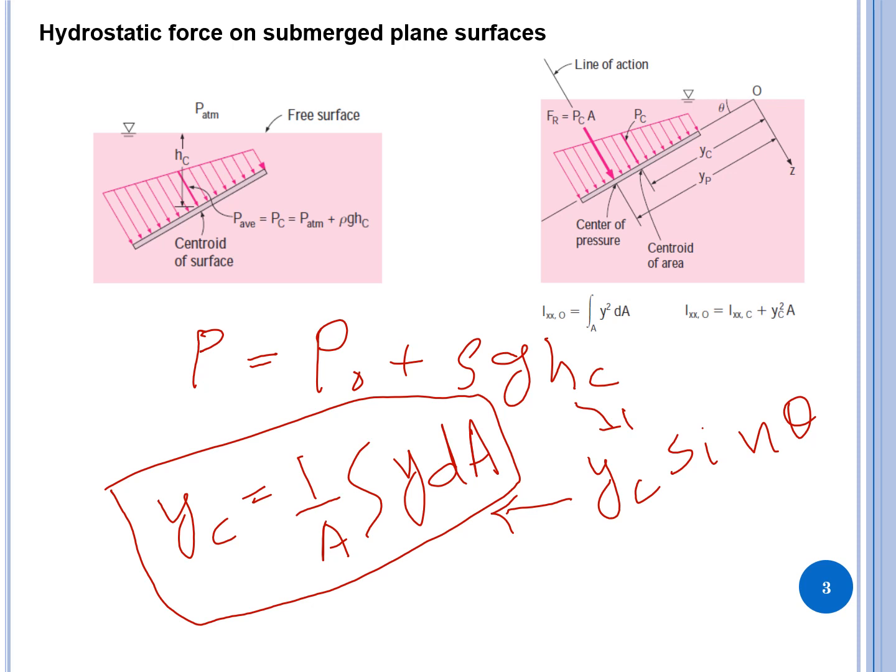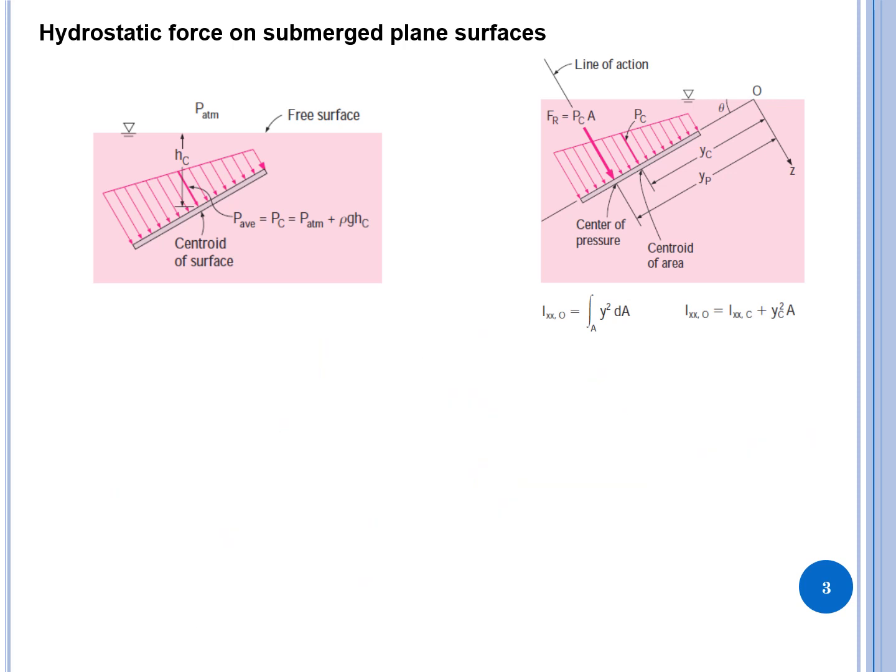But there is going to be some force that is going to act on it, so we need to find out the line of action of force and its distance from the origin. To do that, we have the same body and we have known distributed pressure on it.